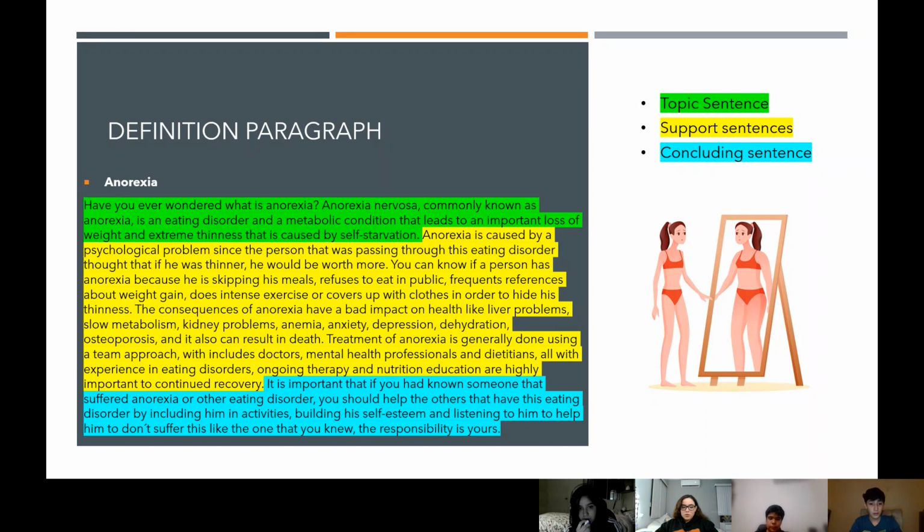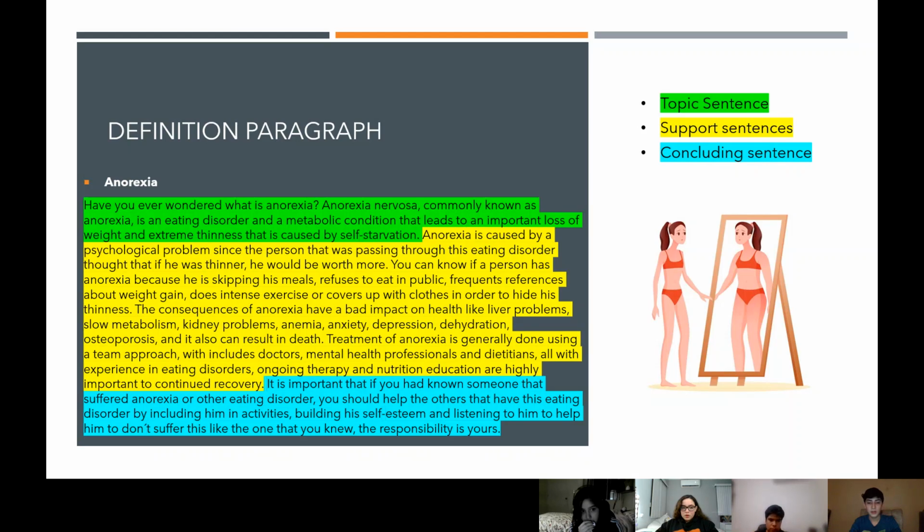The consequences of anorexia have a bad impact on health, like liver problems, slow metabolism, kidney problems, anemia, anxiety, depression, dehydration, osteoporosis, and it also can result in death.